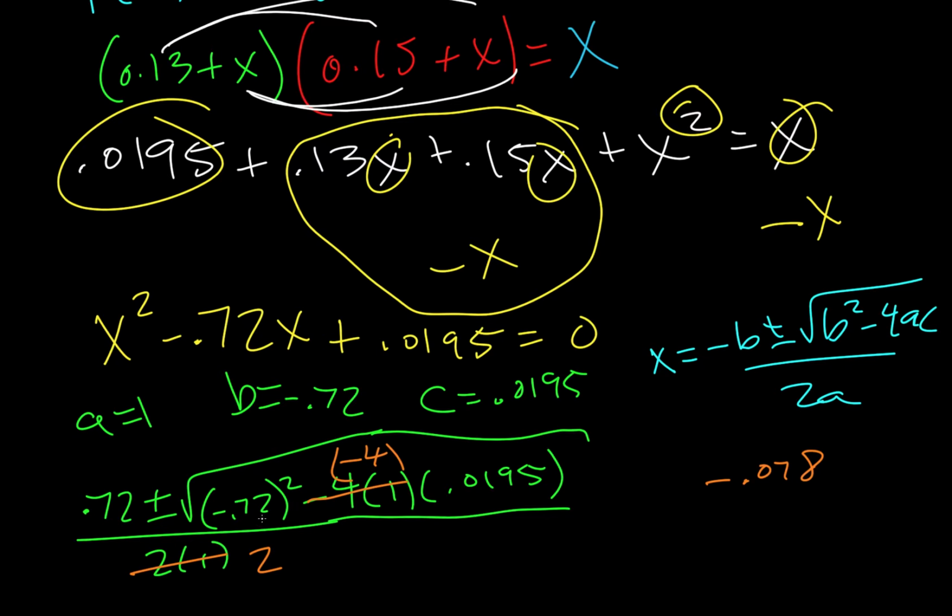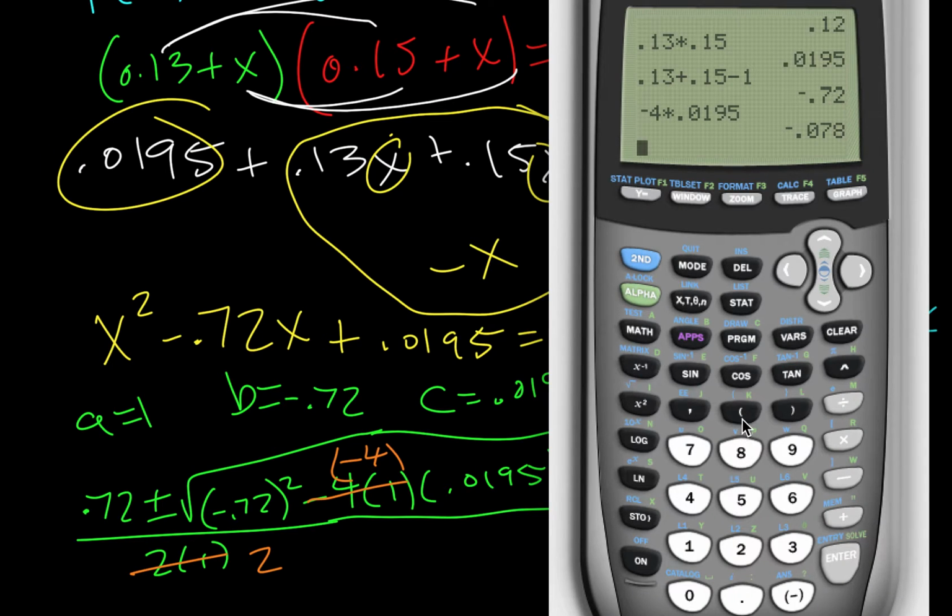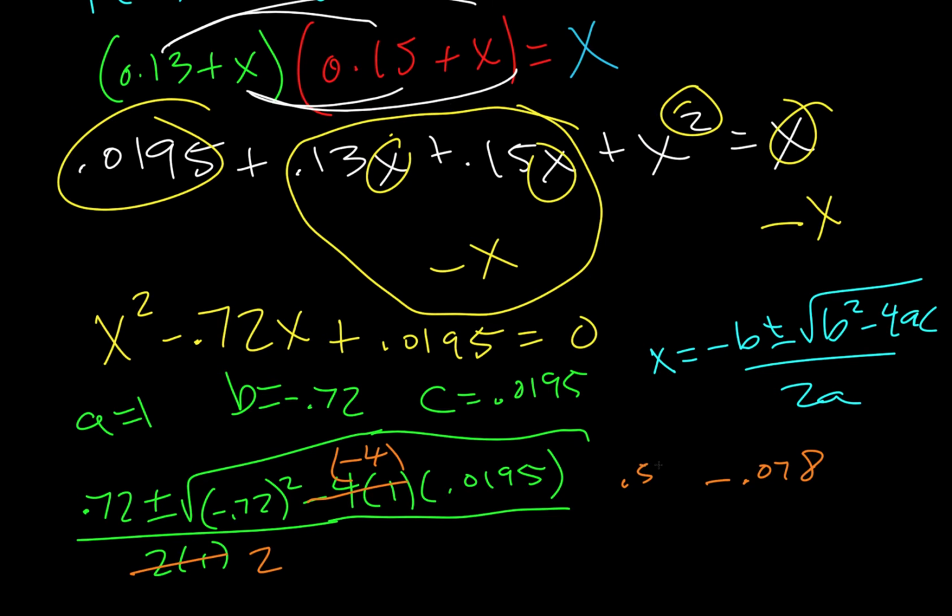And then we also need to do negative 0.72 squared, which is 0.5184, and then we combine those, and that's what's going to be under our square root.